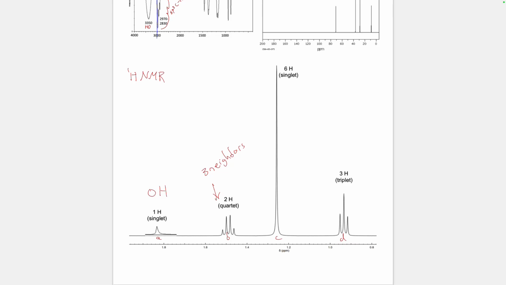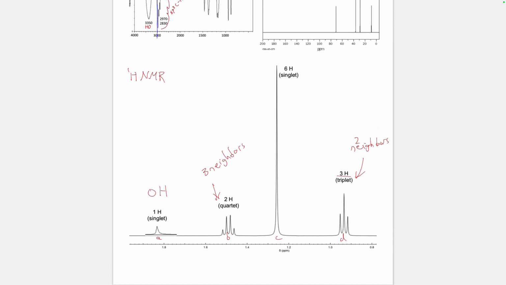The signal over on the far right, the D signal, it's a triplet, so that means it has 2 neighbors. That is a CH3 because it's represented by a 3H signal. It has area that is telling us it's got 3 protons, but it has 2 neighbors. So that's a CH3 group that's next to a CH2. So this is trying to tell us ethyl group.